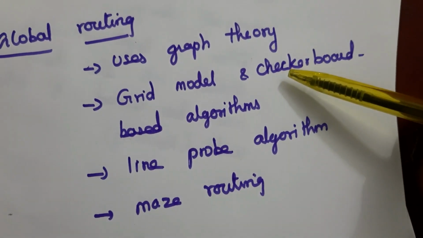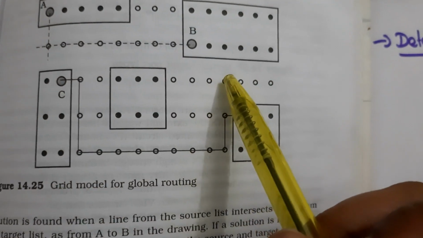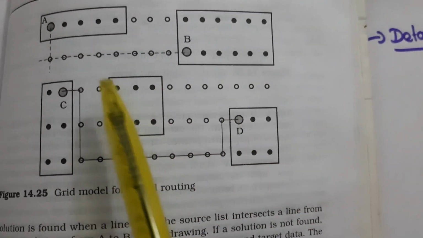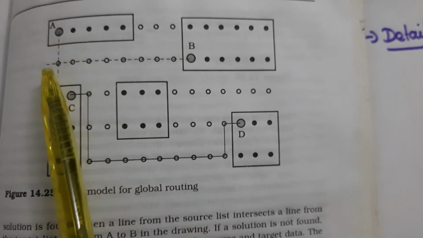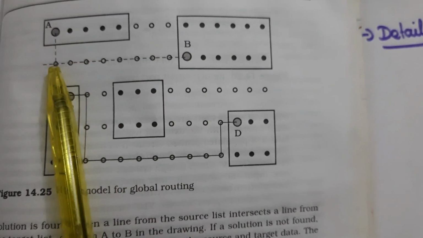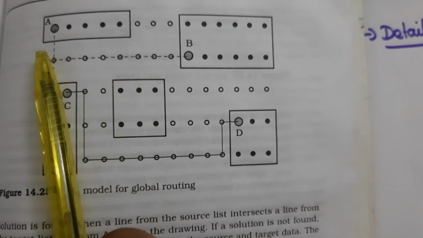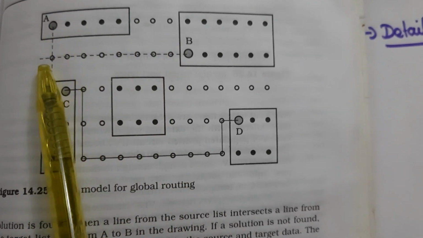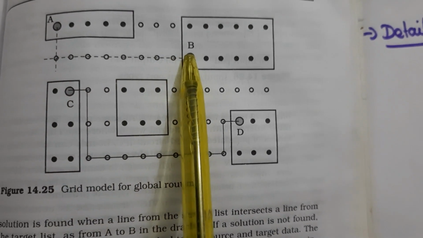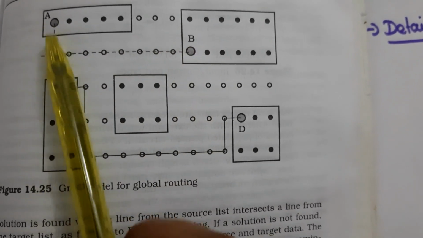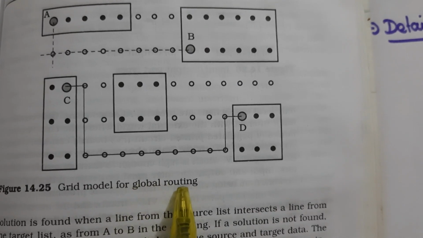For the grid model algorithm, consider this a grid model for global routing. If you are connecting A and B, it finds the nearby grid, and it has already performed the grid connection. Based on that, it finds the nearby grid and connects the specific module. So this is the grid model for global routing.